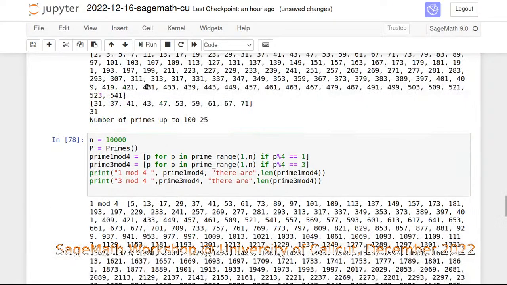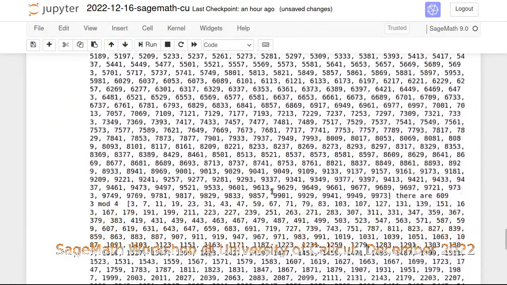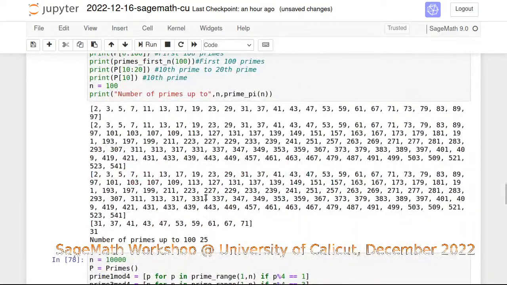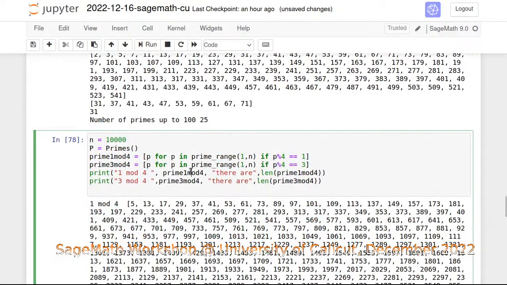One more 0. Let us suppress this primes list. We need only that count.